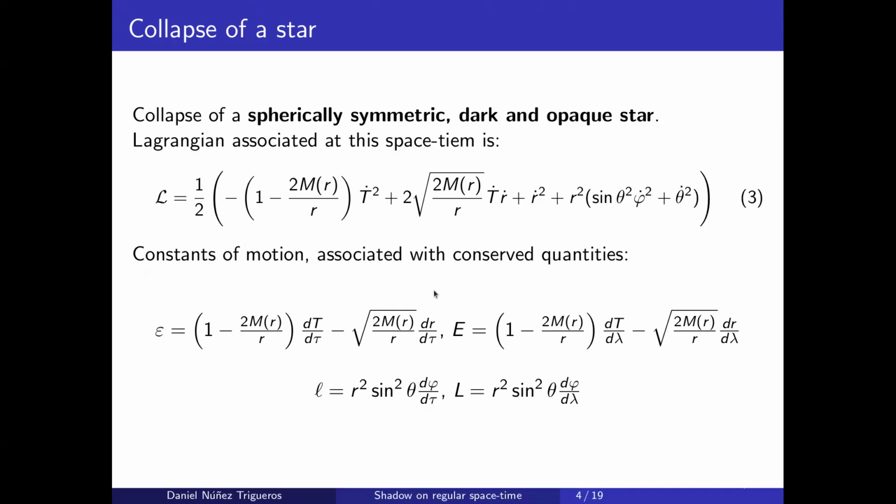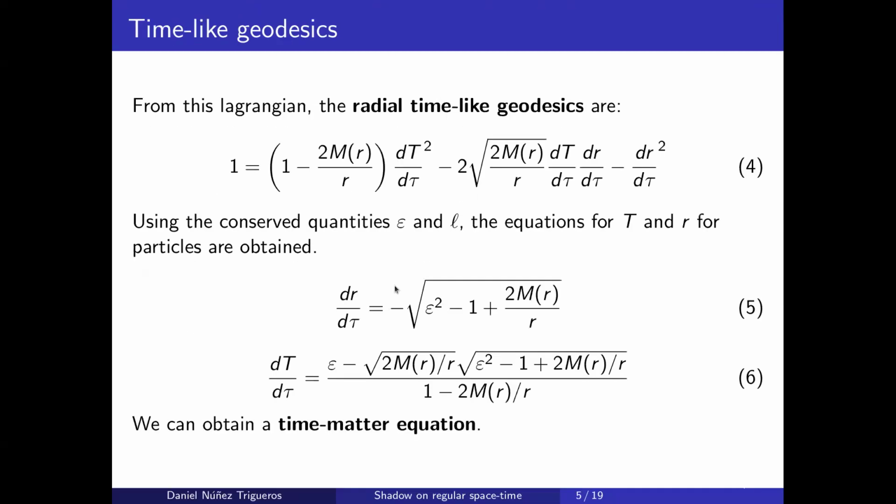So using these tools, we can find first the timelike geodesic equation. We use again the Lagrangian. We're going to use the Lagrangian several times to obtain the geodesics. So we use that and the normalization of the four-velocity, and we write 4.